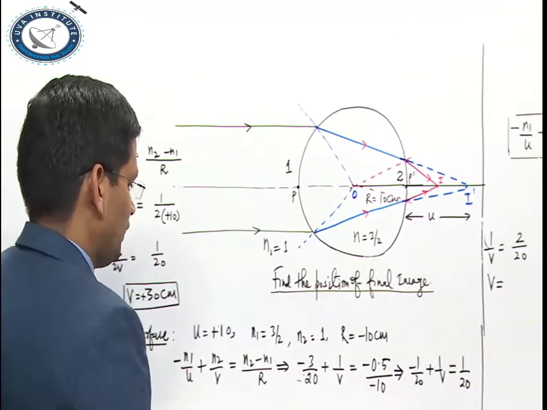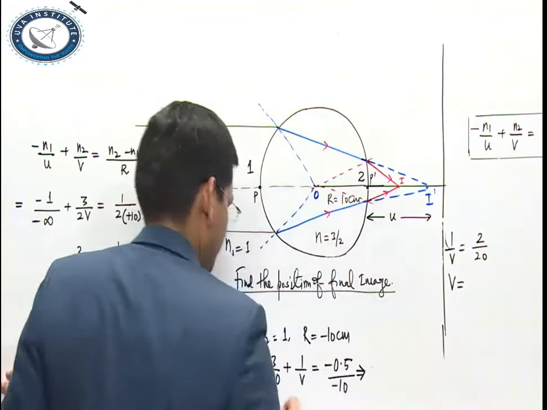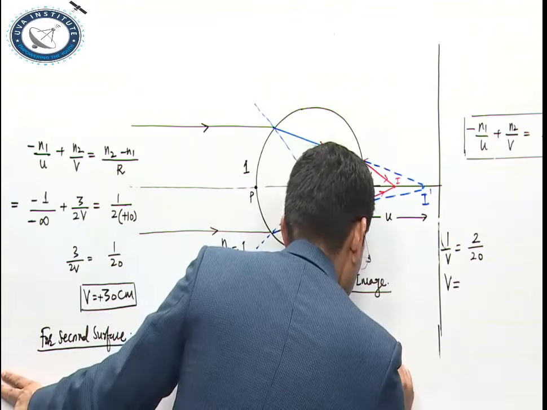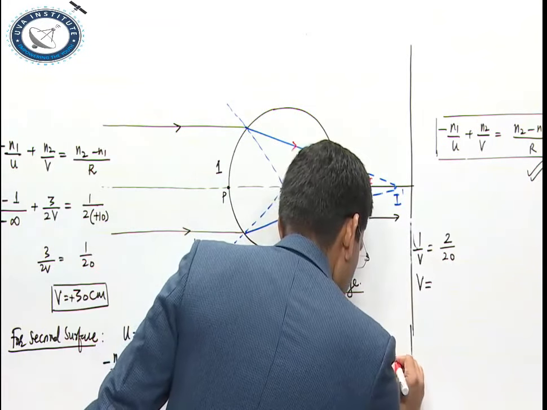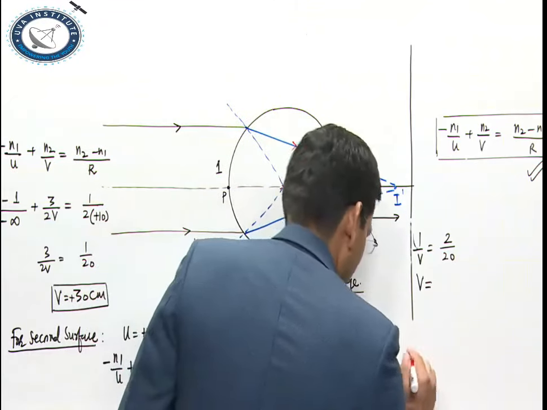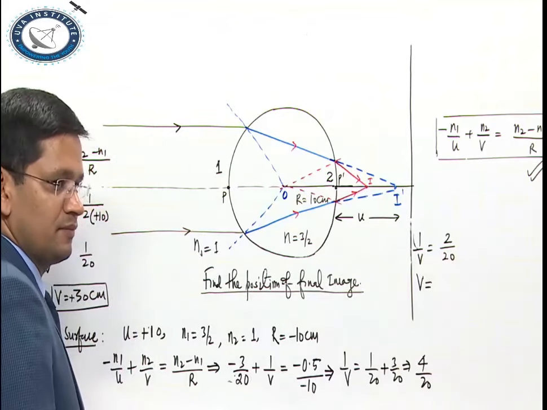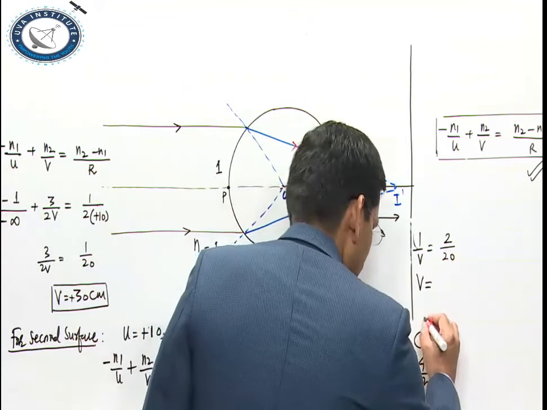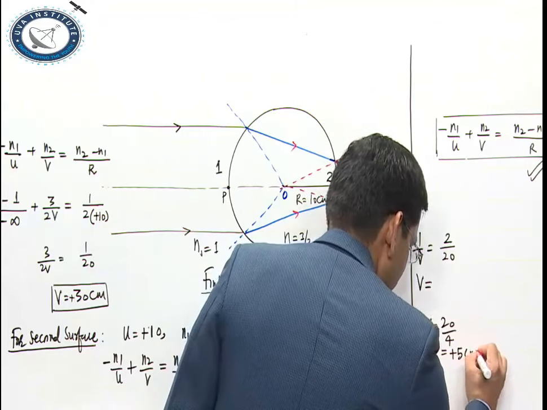So, now my equation will be 1 by v is equal to 1 by 20 plus 3 by 20, and this implies 4 by 20, which means v comes out to be 20 by 4, which is plus 5 centimeter.